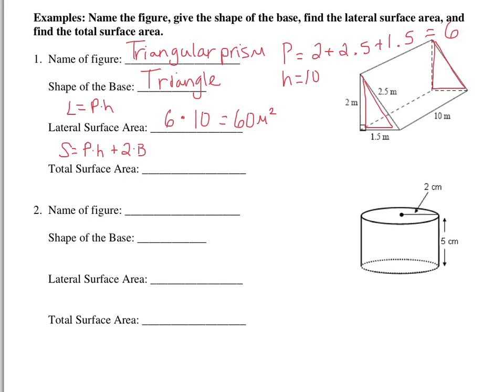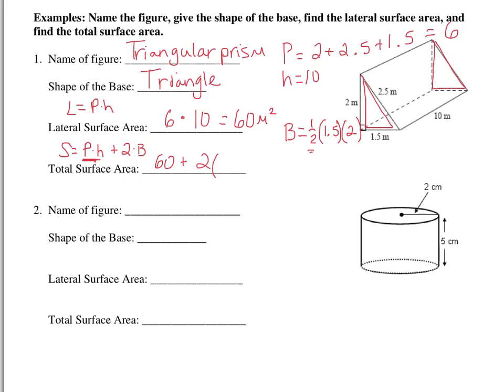Then with the total surface area, we're taking that same answer, so 60 plus 2 times the area of my base. Now realize that the base itself is a triangle, so we have 1/2 little b times little h, so we're talking about just the triangle now: the base of the triangle is 1.5, the height of the triangle is 2.